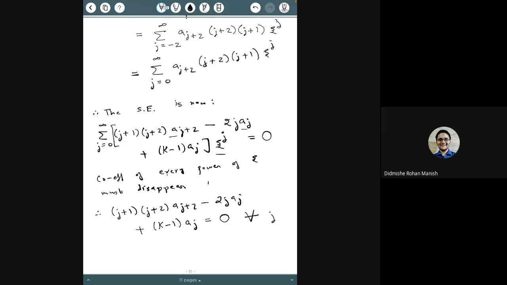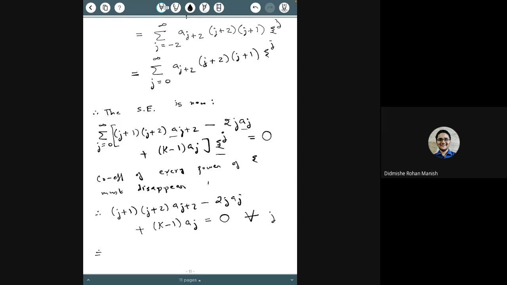Remember, xi is the variable, and if you have different powers of xi, the terms cannot cancel among each other. So the coefficient of every power must be 0.